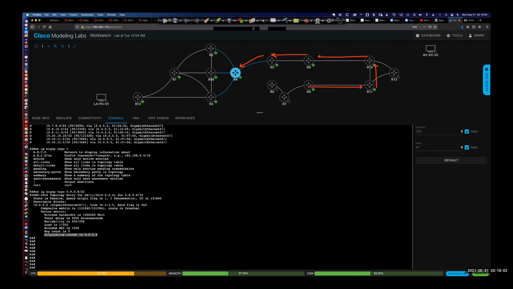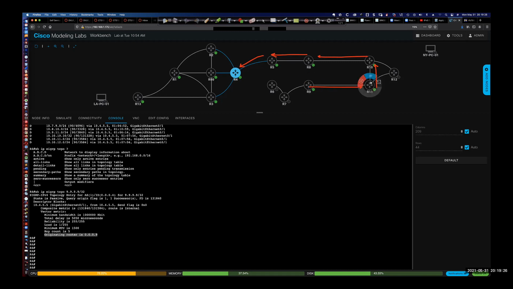So EIGRP knows the router ID of the router that originated this advertisement. However, that is all EIGRP knows about router 9, or I should say router 4. That's all it knows about router 9, is that that is where this route originated.